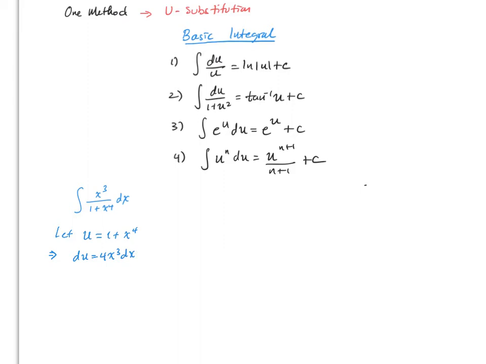So the integral is now going to be 1/4, because there is no 4 in here, times du over u, and it will give you 1/4 ln of the absolute value of u plus c. But remember, the value for u, the substitution, was equal to 1 plus x to the 4, plus c. And that's it.